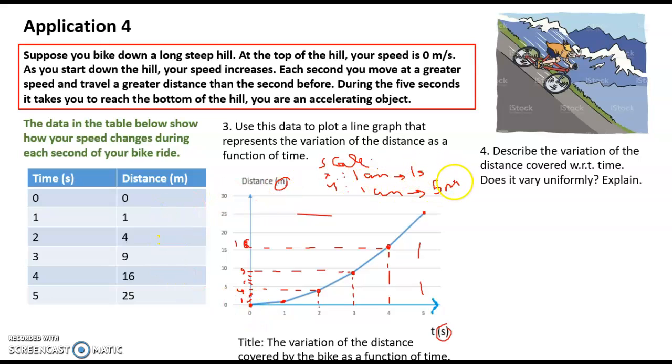So 1 divided by 5 is 0.2, so you go 0.2 centimeter. 4 divided by 5 is 0.8, so you go 0.8 centimeter and label 4 here, and so on. Show on each axis the physical parameter with its unit, and give the graph the title: the variation of the distance covered by the point as a function of time.